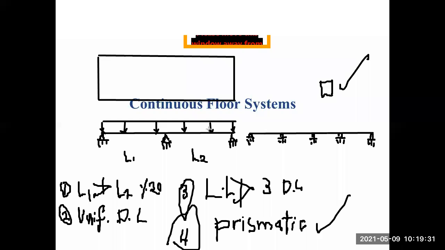Assume that this is a floor system that we have. We have a slab, and the slab is supported by columns.